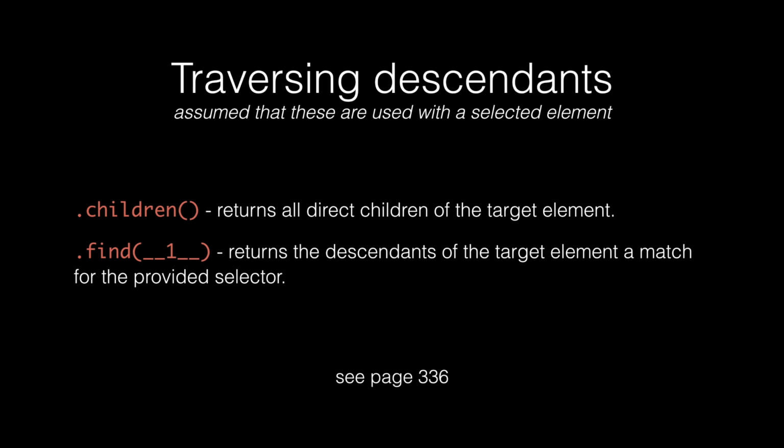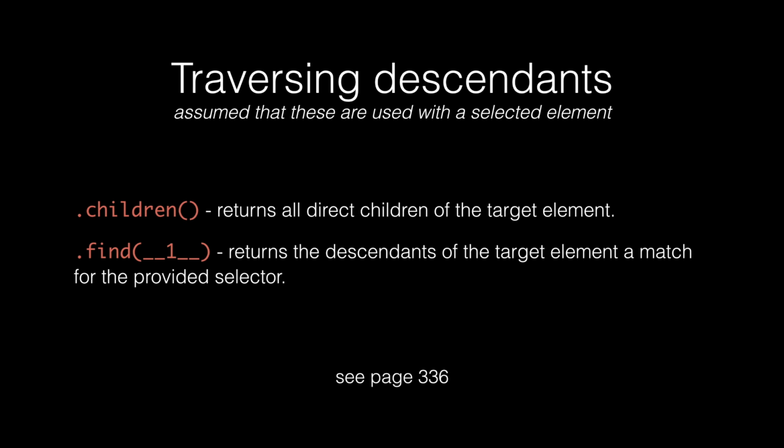All right, we also have this very helpful one called find that takes a selector as its single parameter. And this allows us to search deep multi-layers inside of an element to find a particular element or set of elements that are inside of it. So in the first case here, we just are getting the direct children regardless of what they are.